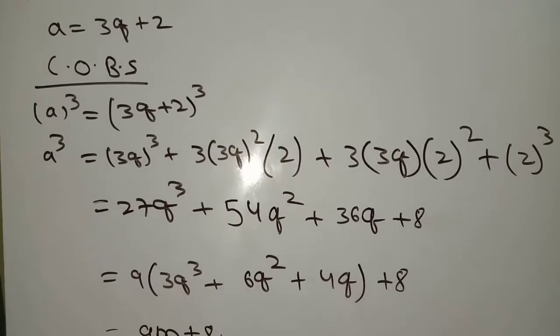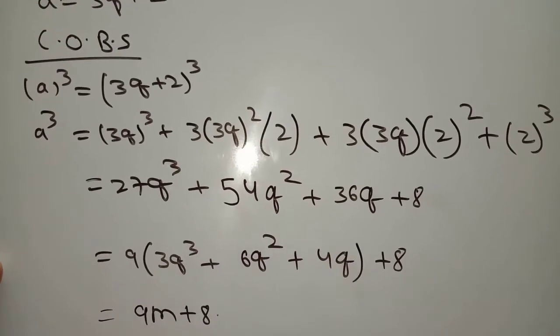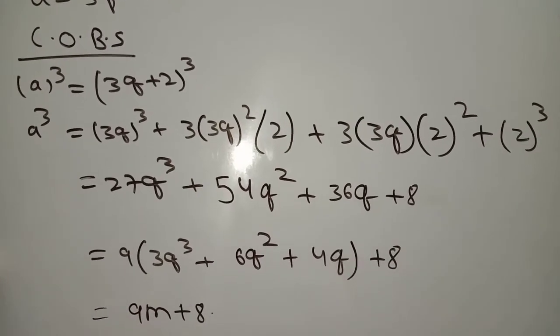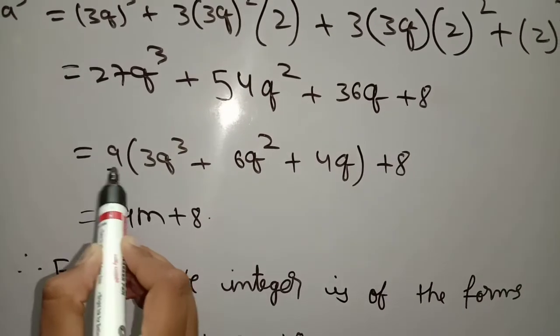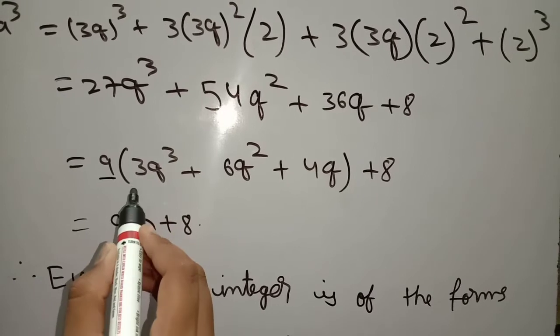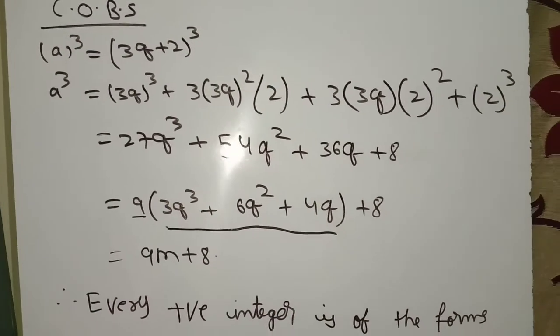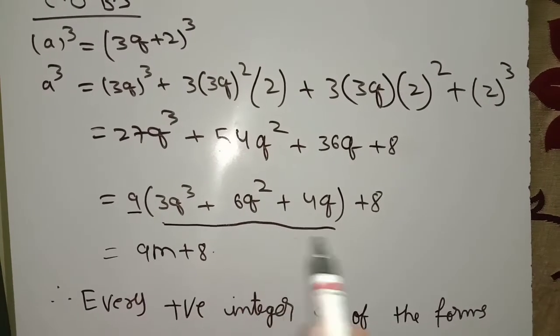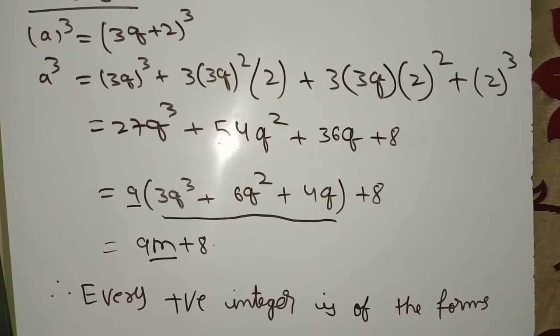Simplifying it, it becomes 27q cube plus 54q square plus 36q plus 8. Taking 9 as common, we get 9 of 3q cube plus 6q square plus 4q. Now we take 3q cube plus 6q square plus 4q as m. So it becomes 9m plus 8.